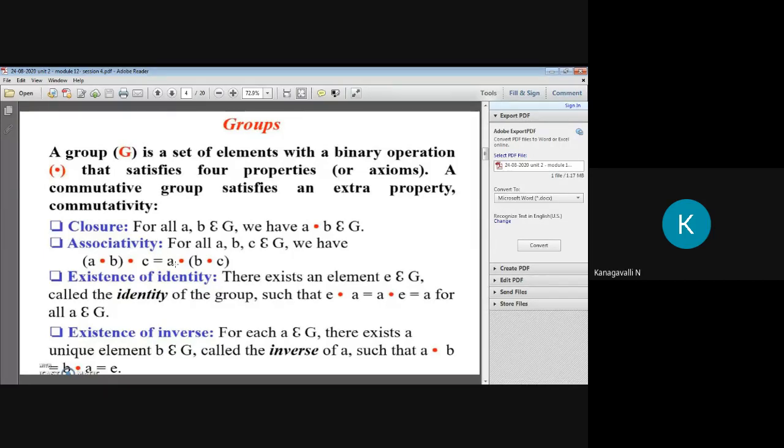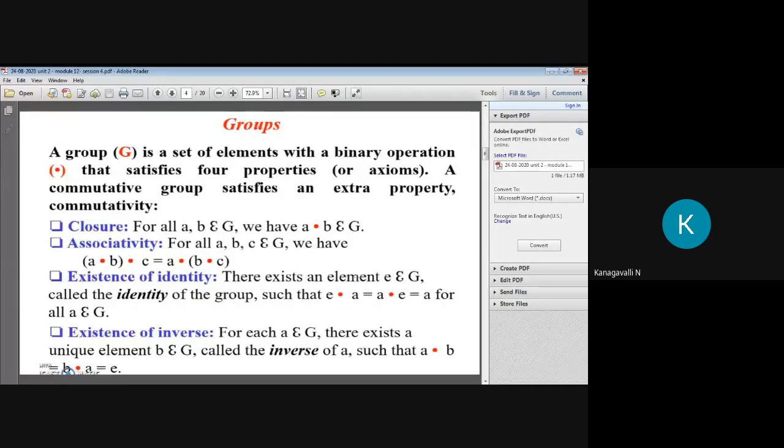Then the existence of identity: there exists an element e belonging to G, called the identity of the group. The identity differs depending on the operation, addition or multiplication. You write e dot a equal to a dot e equal to a.